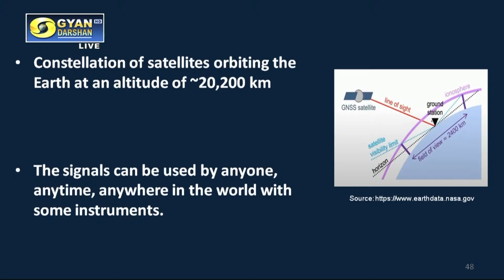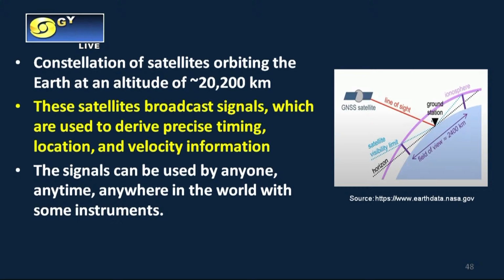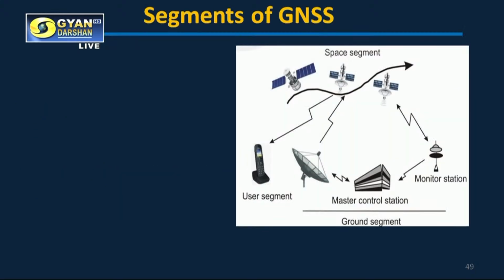The constellation of satellites orbits the Earth at an altitude of 20,200 kilometers. These signals can be used by anyone, anytime, anywhere in the world with some instruments. And these satellites broadcast signals that are used to derive precise timing, location, and velocity information.